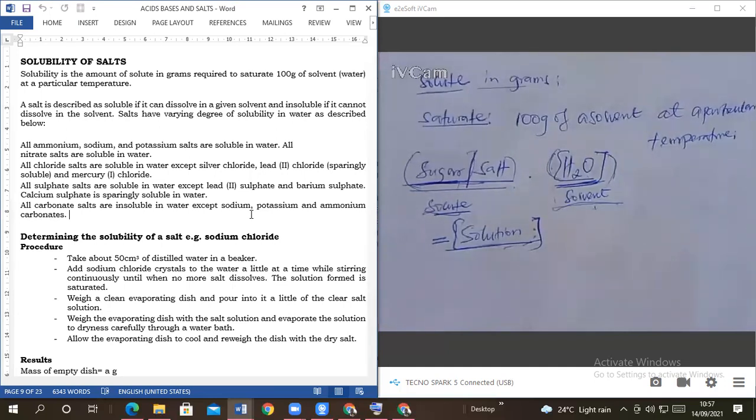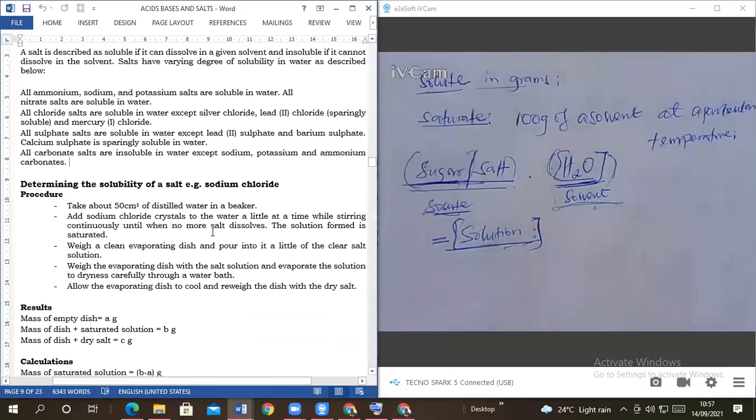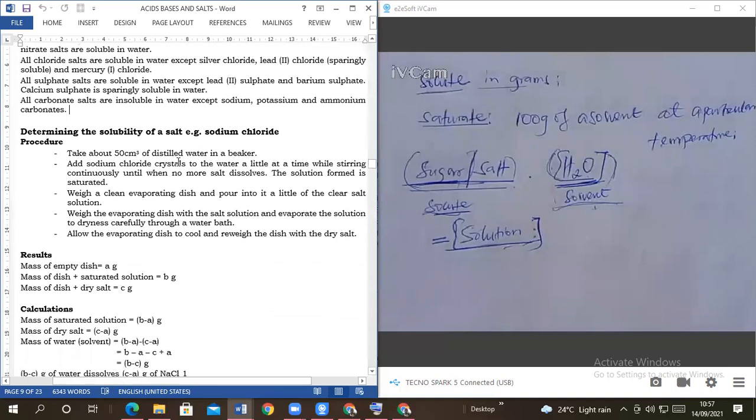Okay, so let's look at this example. If you want to determine the solubility of a salt, these are the few steps we take. Take about 50 cubic centimeters of water. This is our solvent.